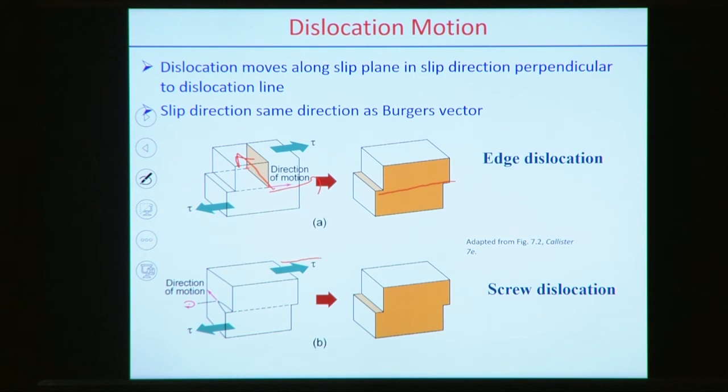The shear stress is acting, and the direction of motion is this. The horizontal plane represents the slip plane, and in this case the dislocation line is on the slip plane itself.